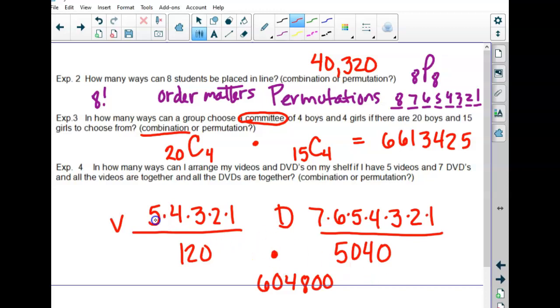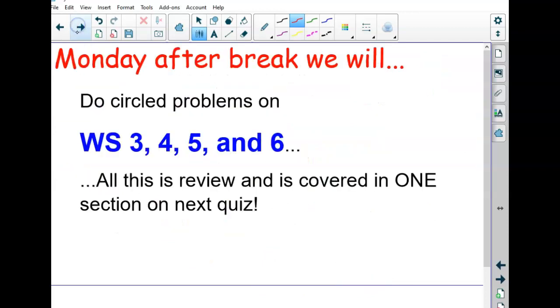Yeah, this is videos first and then DVDs this many ways, but we could switch the order of those all the way around. Yeah, I'm not confident in that answer. So I'm going to go with that's not a question I will ever ask, okay? We could photo math it and see what they said.